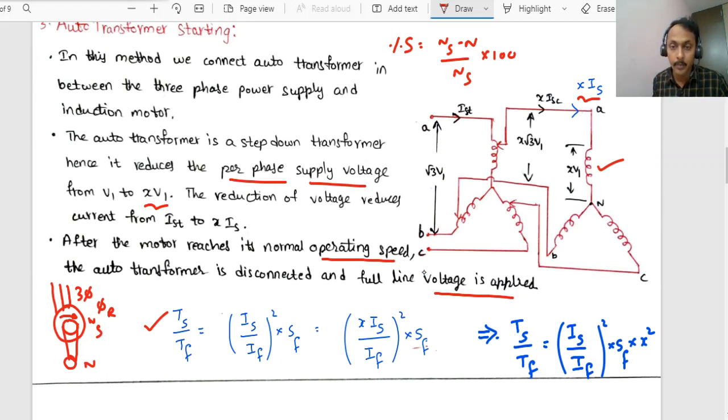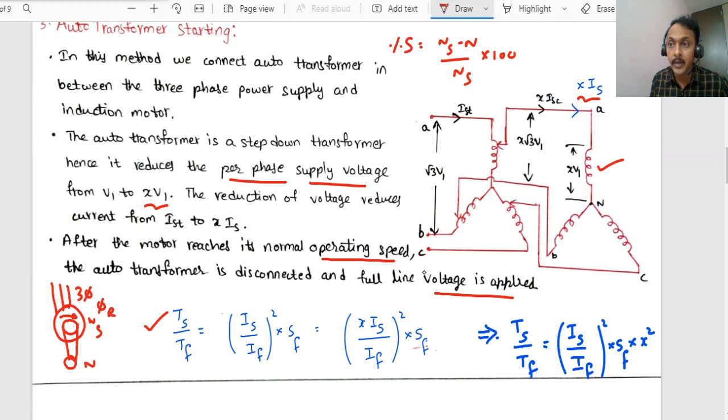Now, full load slip: at full load, what could be the speed of the rotor? ns will be constant, the synchronous speed. If at fully loaded condition n is almost equal to ns, then the difference will be low and the value of slip will be low.